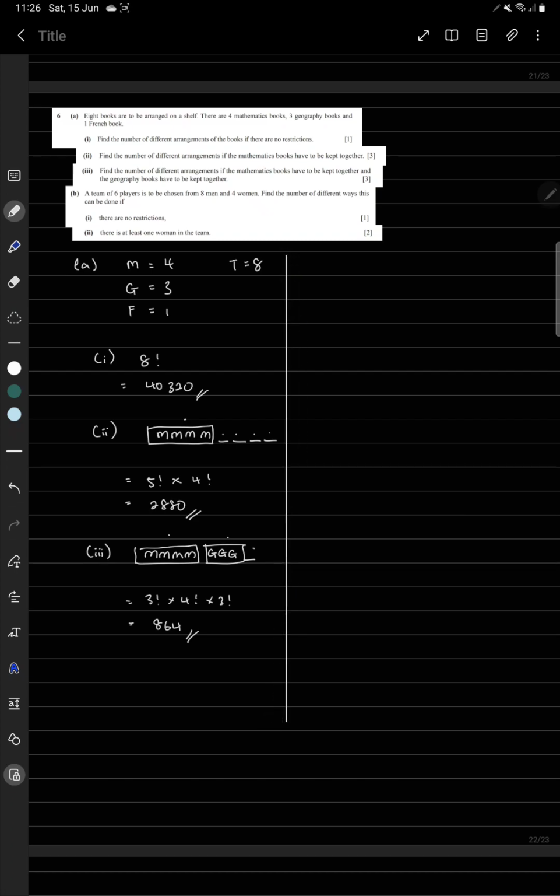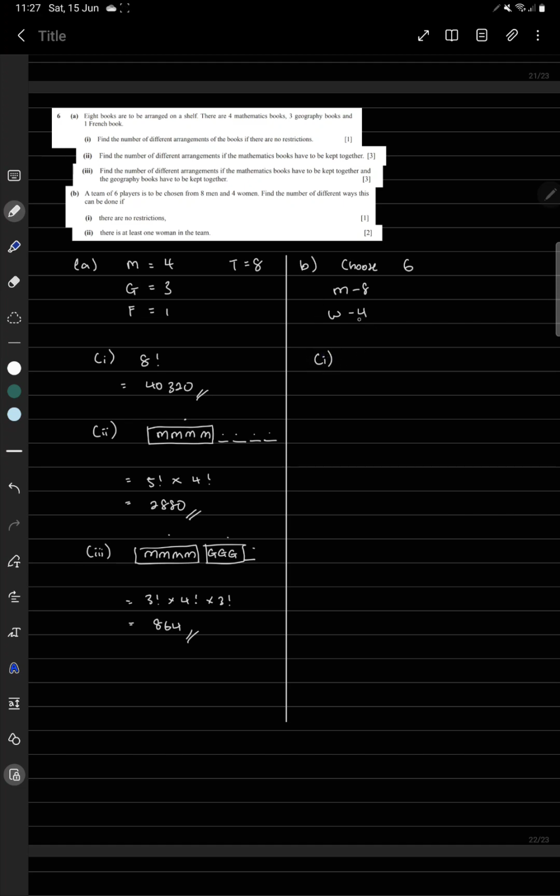So now let's move on to part B. Part B says a team of 6 players is to be chosen from 8 men and 4 women. So we want to choose 6. We have 8 men, 4 women. Find the number of different ways this can be done if there are no restrictions. When the question says number of different ways, not arrangements, we're going to use combination, nCr.